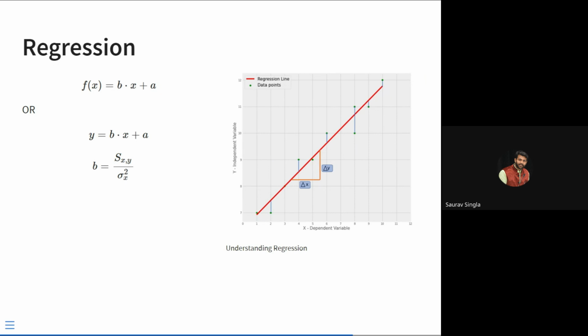But what we do, we try to figure out the equation of a line from which, if we make that line, then all the points are at the minimum distance.